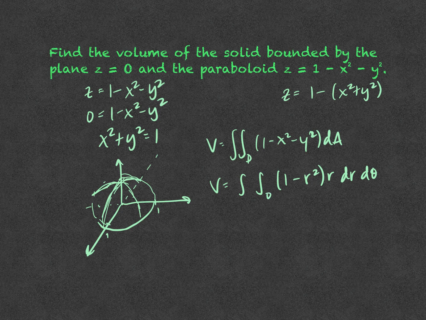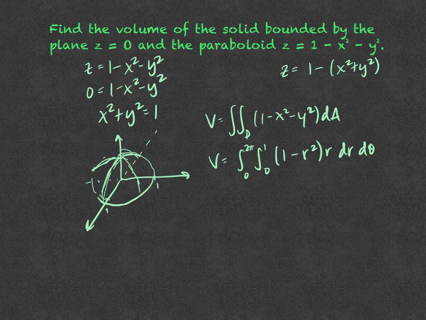So my radius goes from 0 to 1, and our theta goes from 0 to 2 pi because it's a complete circle. So that's not too hard to think about if you can think in terms of your polar coordinates pretty well. Then this integral is 0 to 2 pi. And we distribute, we still have a double integral here, 0 to 1, because we need to distribute the r: r minus r to the third dr d theta.